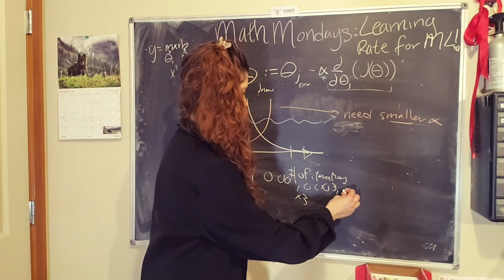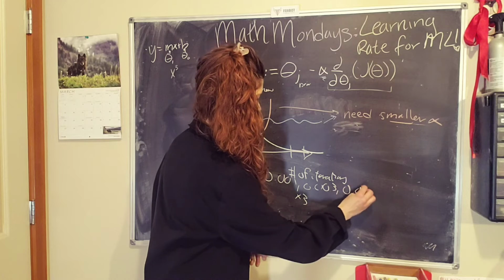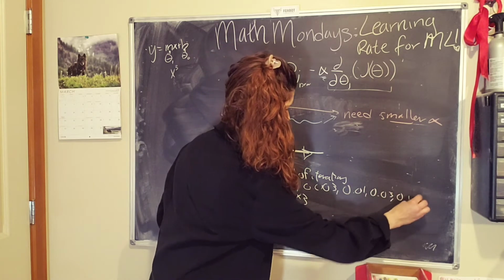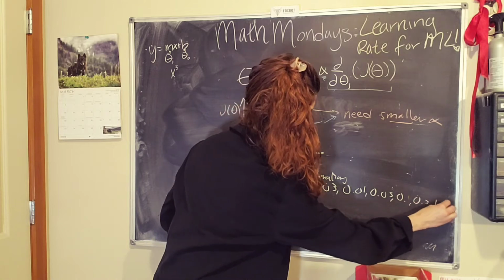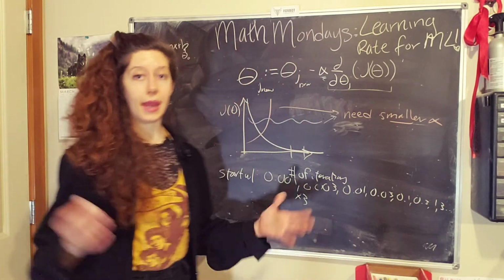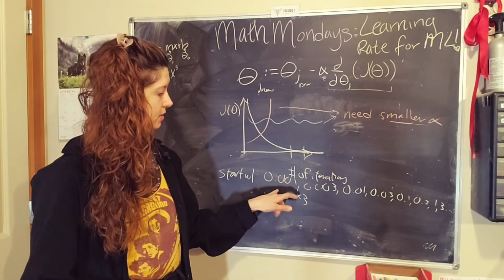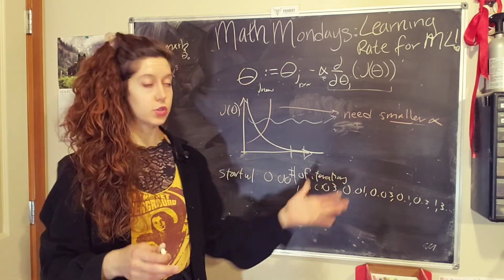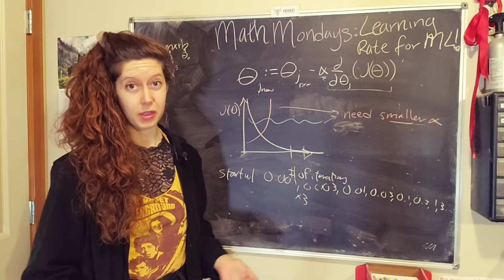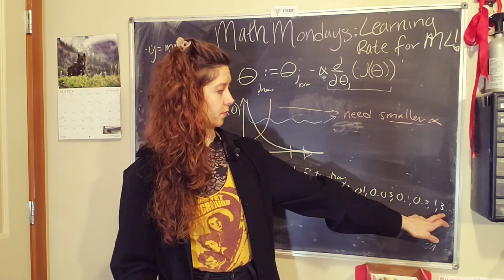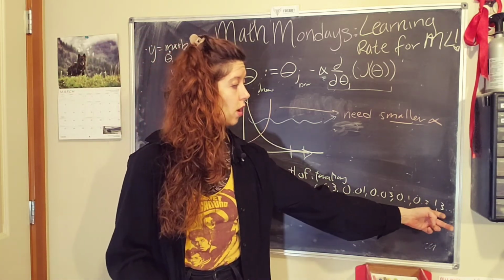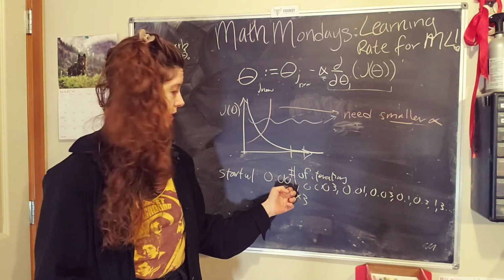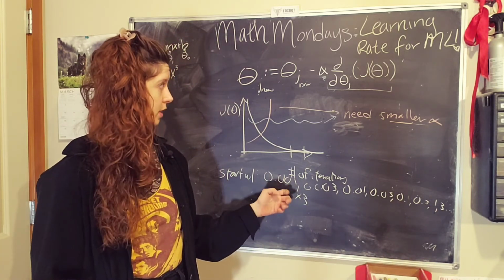And then maybe increase by a factor of 10. So 0.01, 0.03, 0.1, 0.3, 1, 3, etc. And what Andrew Ng recommends is, rather than going in order, start with a fairly large learning rate, like maybe you start with 1, and then see what happens when you jump to 10 to the negative 3 or 10 to the negative 4.